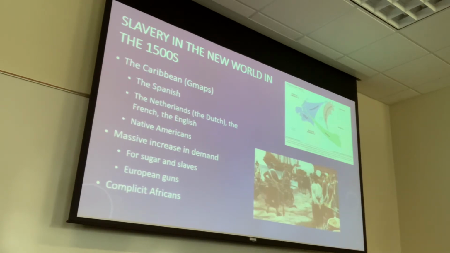And the numbers of people who were enslaved from the 1500s up into the 1800s dwarf anything you had ever seen, and that is a direct 100% result of Europeans wanting more and more and more slaves. Does that make sense? Because they were going to grow the crops that were going to make them money, right?